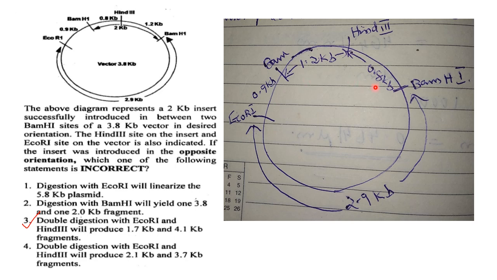And 0.8 plus 2.9 kb, that will be around 3.7 kb band you will get if it is in the reverse orientation.